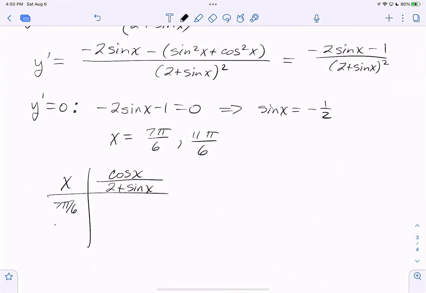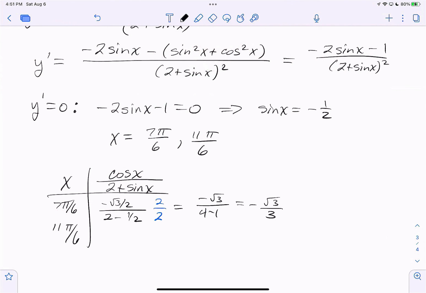So, 7 pi over 6, 11 pi over 6 for our x values. And when x is 7 pi over 6, the cosine of x is negative square root of 3 over 2. And that's going to be over 2 minus 1/2. That'll simplify to negative square root of 3 over 3.